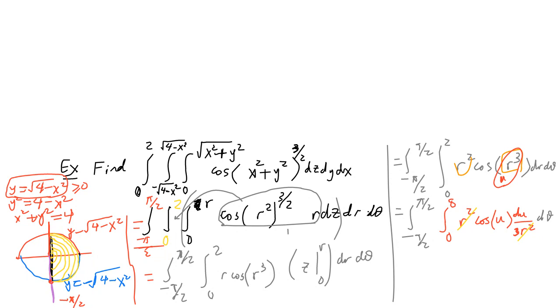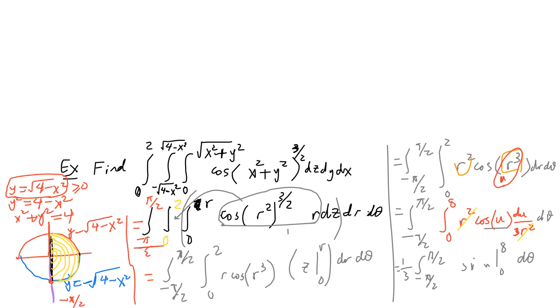The antiderivative of cosine is sine. So sine 8 minus sine 0.